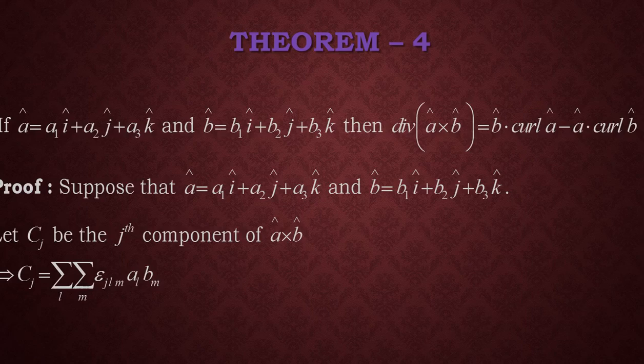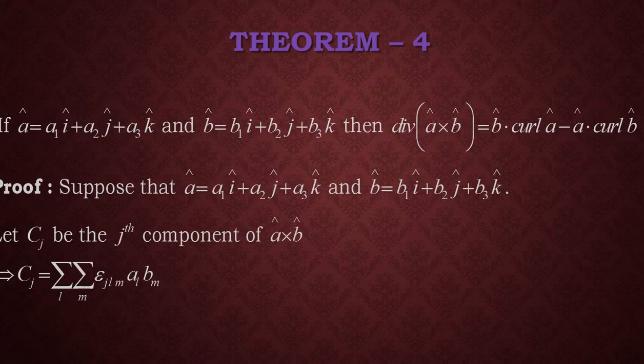If we put j equals 1, we get C1, which is the coefficient of I cap. If we take j equal to 2, we get C2, which equals the coefficient of plus J cap. If we put j equals 3, we get C3, that is nothing but the coefficient of K cap.